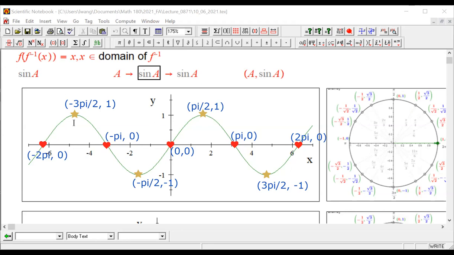Right? You can see how come 2 pi over 2, comma negative 1. Here we have negative 3 pi over 2 is positive 1. It's all because of the angle measurement. When you measure negative 3 pi over 2, you do it from standard position, measure clockwise.